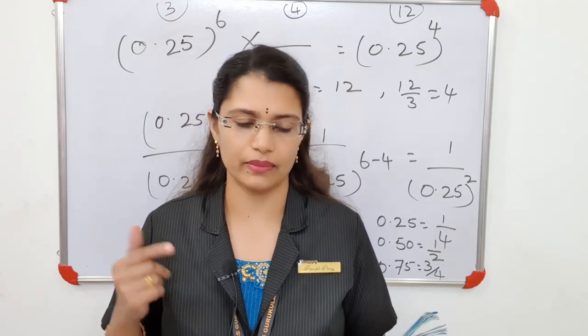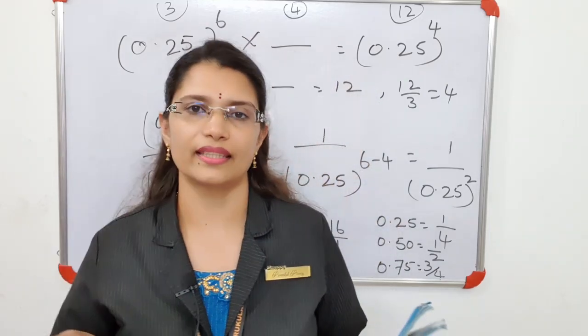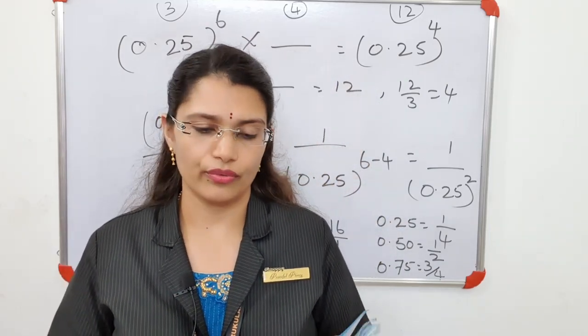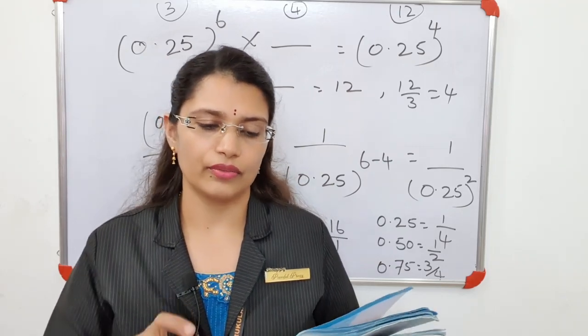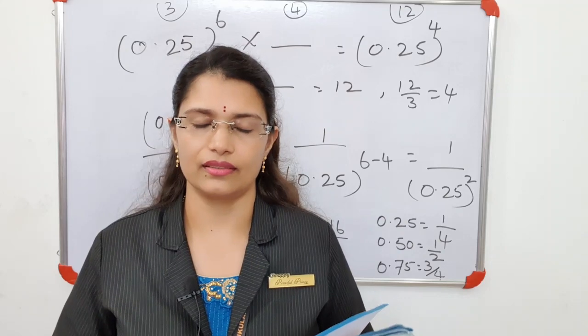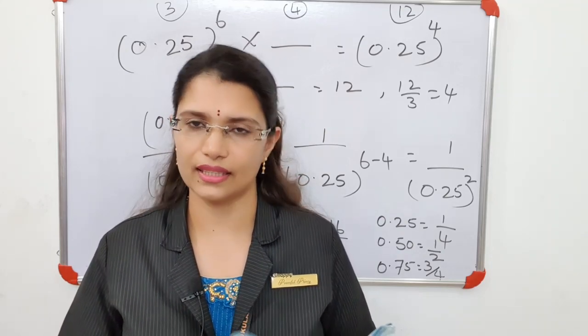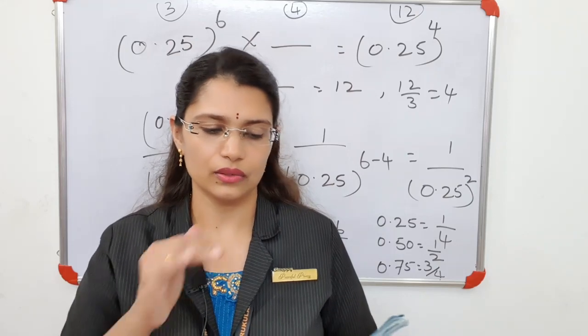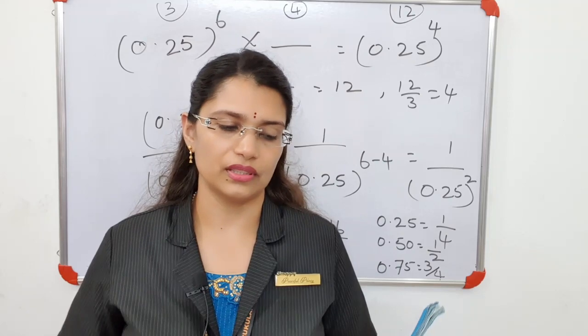Here both multiplication and division, so you have to do by yourself. First make a table of powers of 3, until 59,049 you have to find out the powers of 3. Then you have to look at the table and find out these answers.